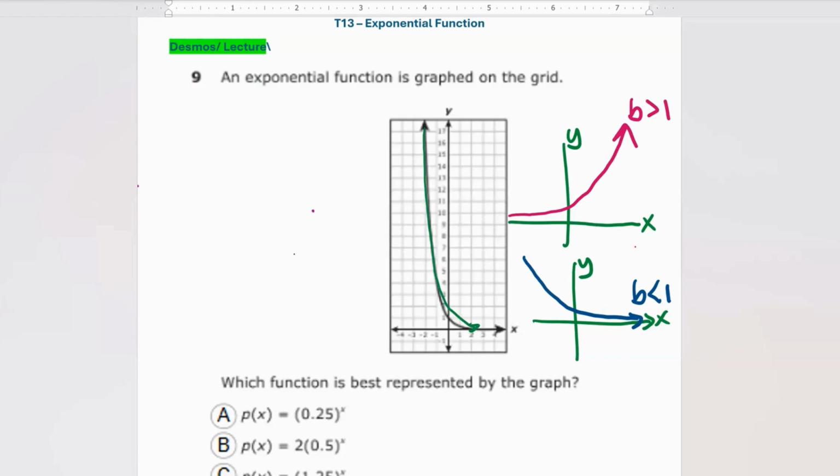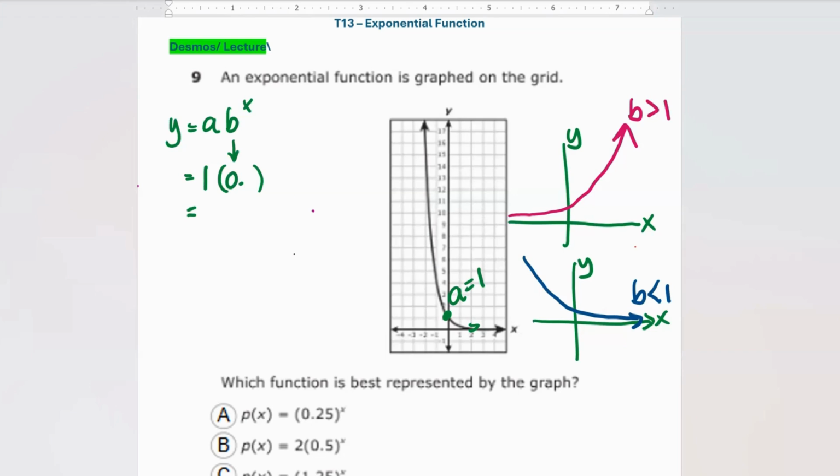So this means it is decreasing. So y equals ab raised to x, and your b is 0 point something. And you notice that your y-intercept, the a, is 1. Sometimes if it's 1, we don't really write anything.